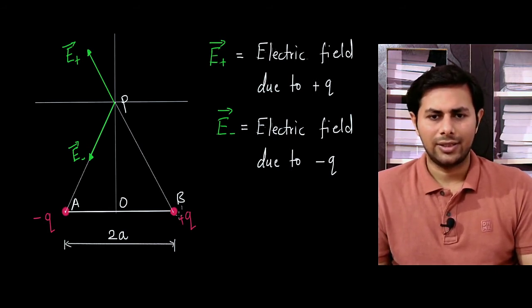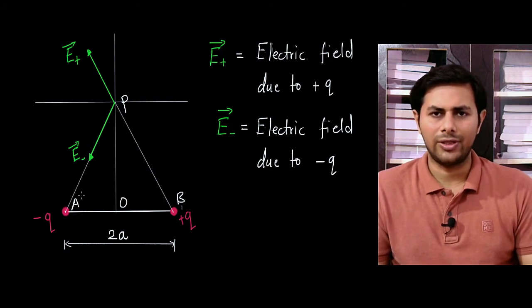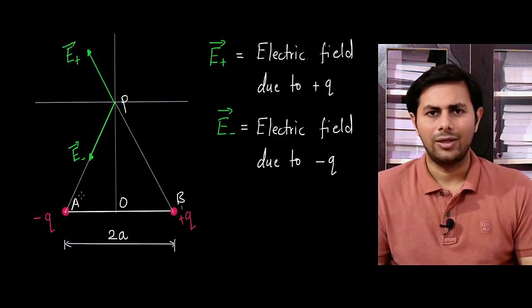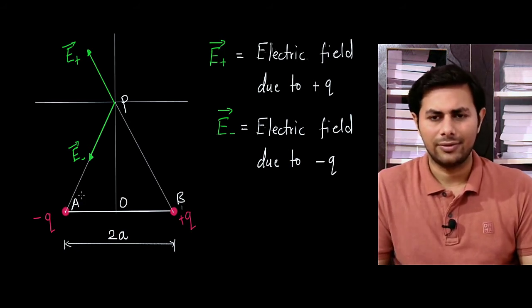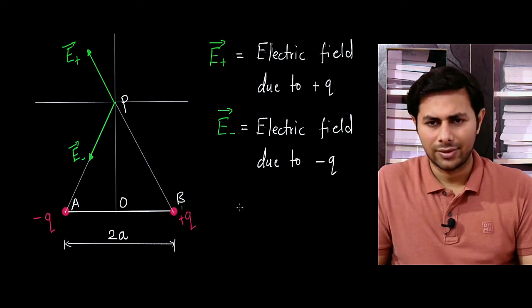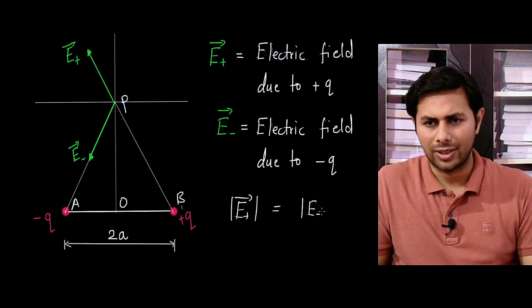And since the magnitude of these two charges plus q and minus q is same, and distance of point P from both the charges is equal, the magnitude of E plus bar and magnitude of E minus bar is equal. Alright. So magnitude of E plus bar is equal to magnitude of E minus bar.